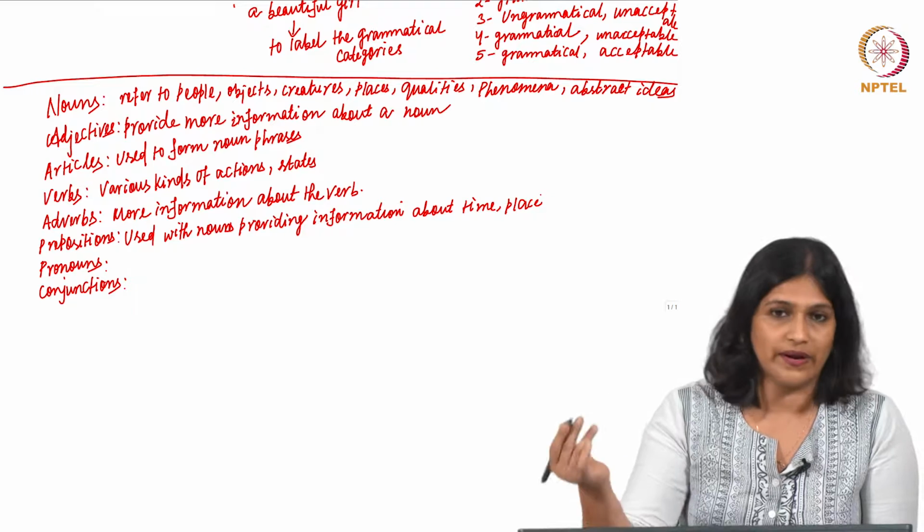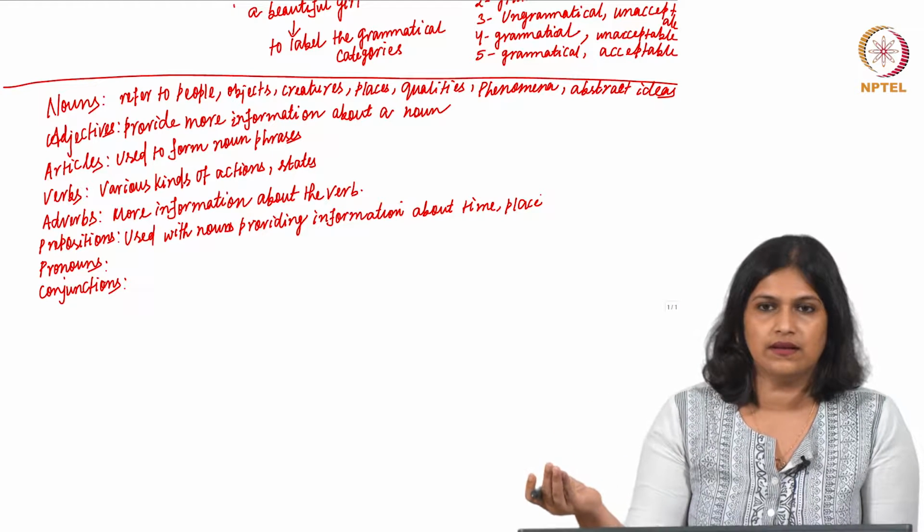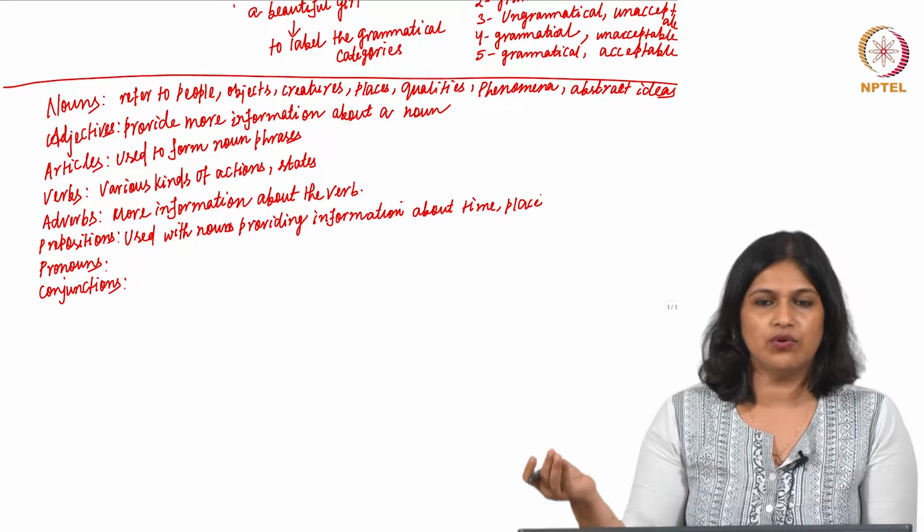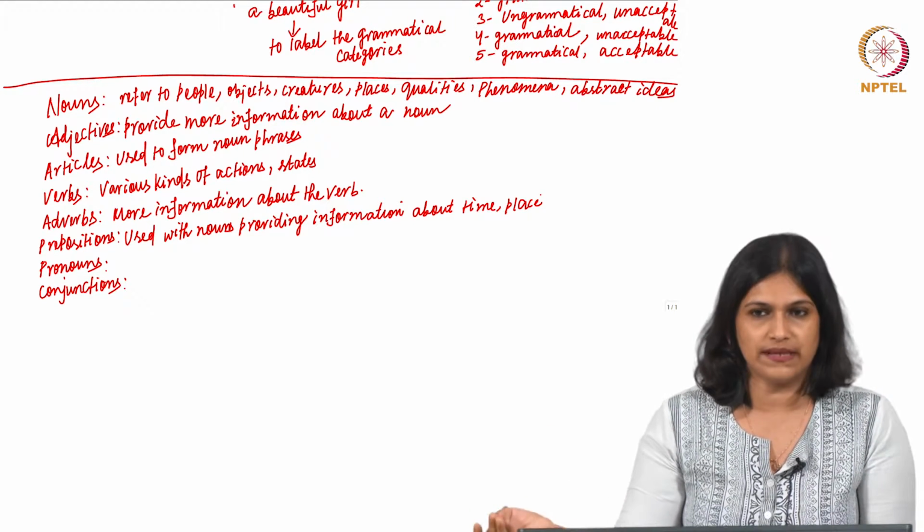Okay. What else? It does, let us say, I will reach in an hour. So, that is about time. Keep the book on the table, that is about the place.